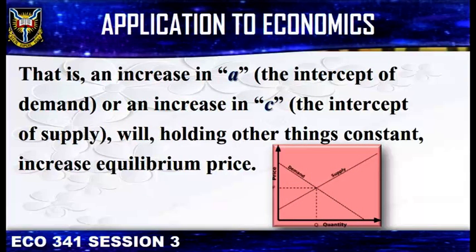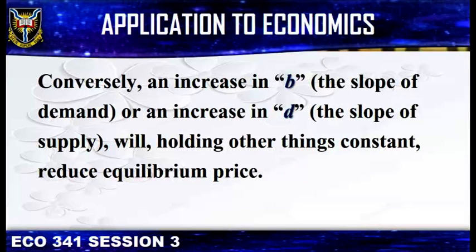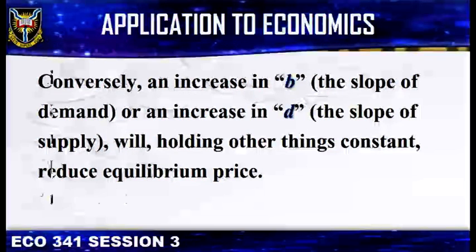That is, an increase in A, the intercept of demand, or an increase in C, the intercept of supply, will, holding other things constant, increase equilibrium price. Conversely, an increase in B, the slope of demand, or an increase in D, the slope of supply, will, holding other things constant, reduce equilibrium price.